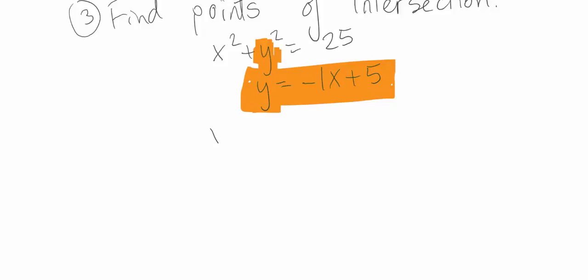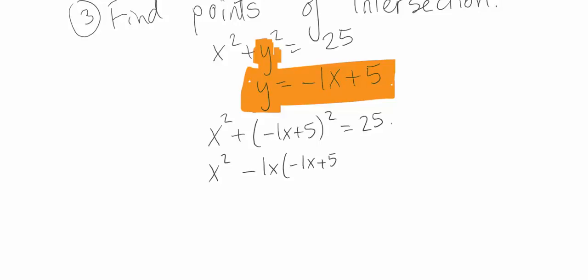So what we will have is x squared plus (minus 1x plus 5) all squared is equal to 25. This will give me x squared plus (minus 1x plus 5) into (minus 1x plus 5) is equal to 25.